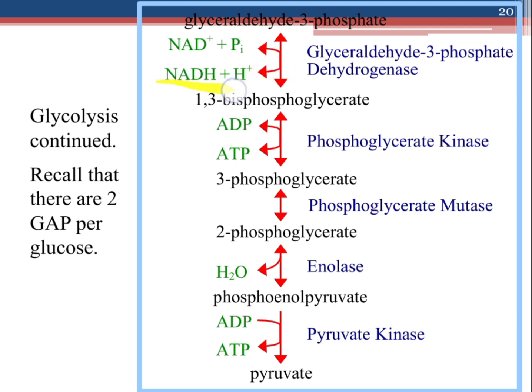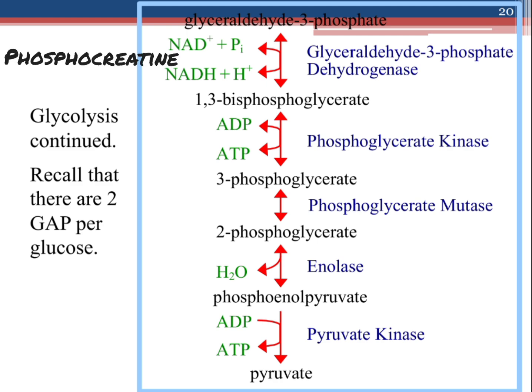Then another molecule is added into this reaction: an inorganic phosphate is added onto glyceraldehyde 3-phosphate. This inorganic phosphate could come from other high energy phosphate molecules in the body, like phosphocreatine.